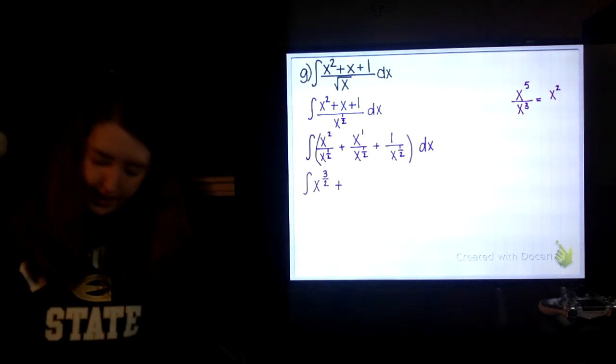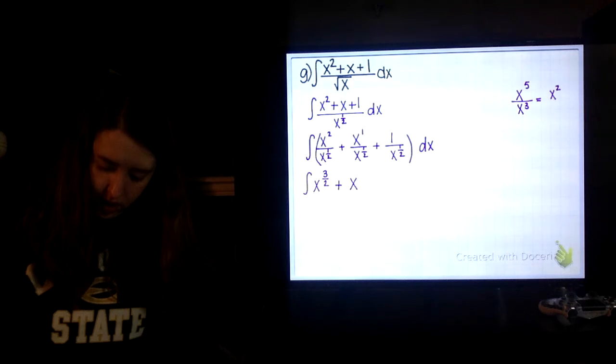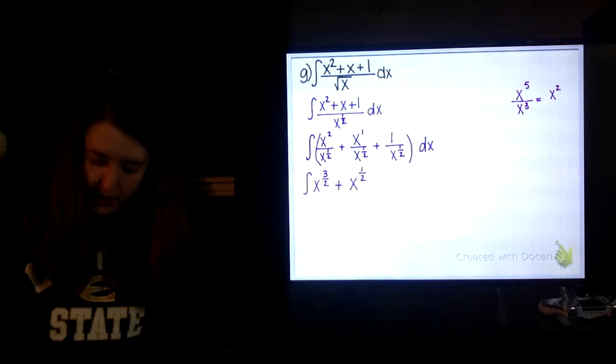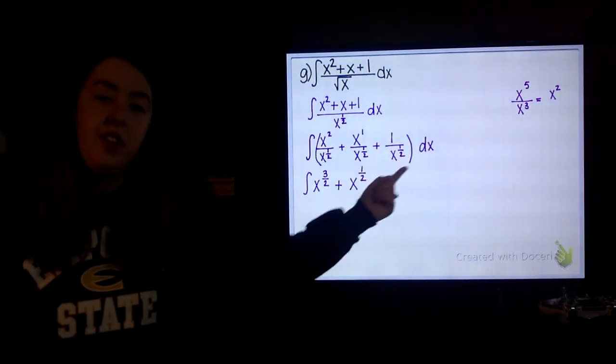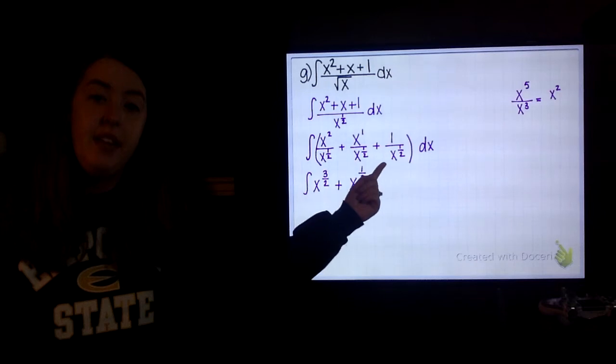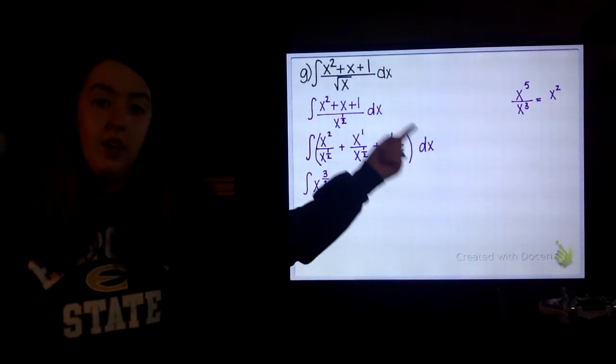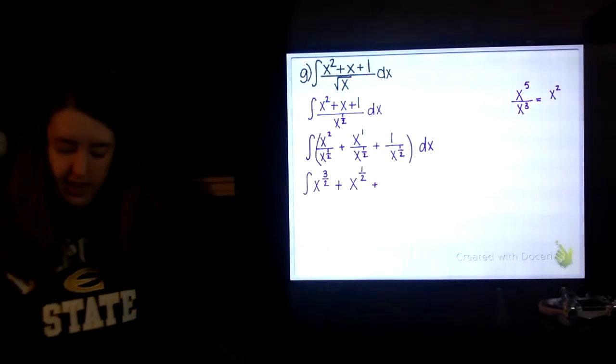So now I have x to the 1/2 power plus. And now over here, x to the 1/2 power is just on the bottom. So remember, when we have anything on the bottom, that just needs to be moved up to the top, and now it's negative.